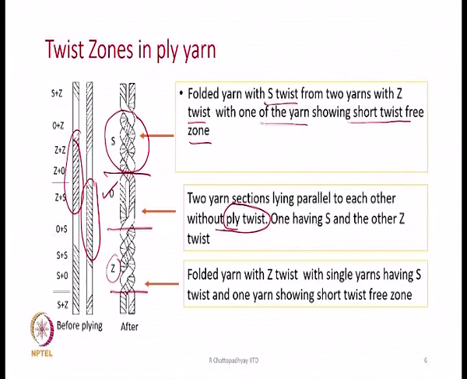Now comes the machine, how the machine is achieving this, what mechanism is there in the machine. First of all we have to twist the two individual strands by some means in order to generate S and Z twist in the individual strands.